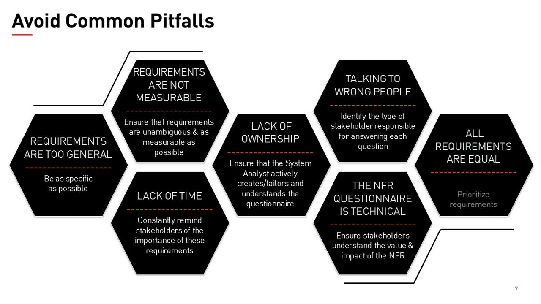For example, availability. A decade ago, a system with 99.9% was considered to be highly available. But today, business is looking for 4x9 or 5x9 solutions, which means that in a year, you cannot have a downtime of more than 52 minutes. So you can compare how aggressively the ask has changed over a decade.